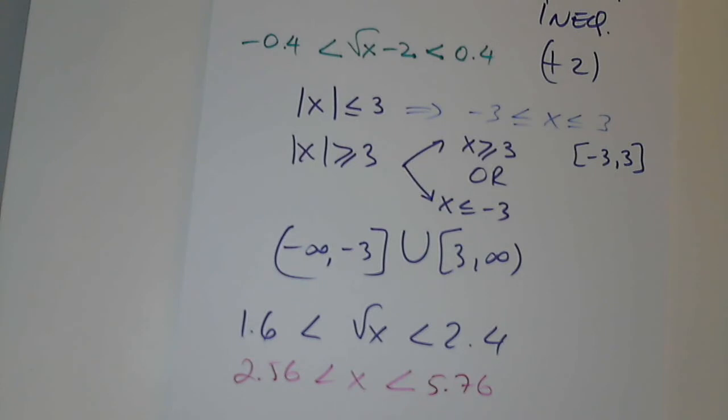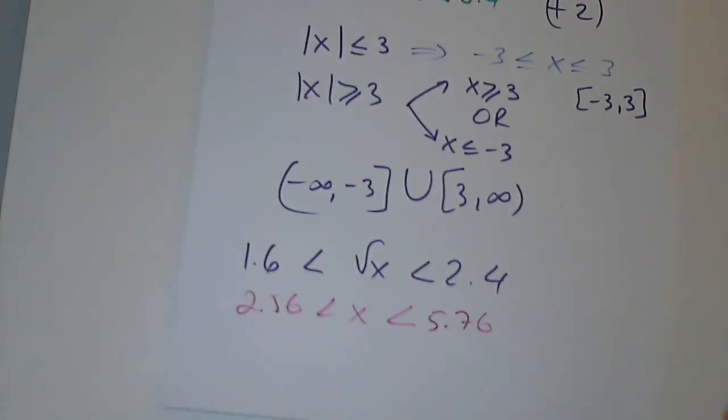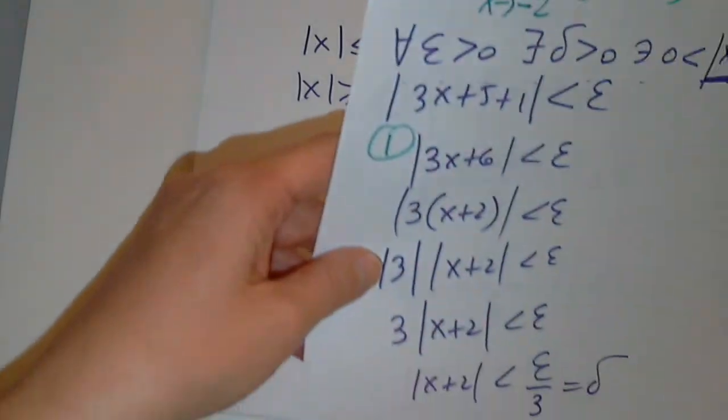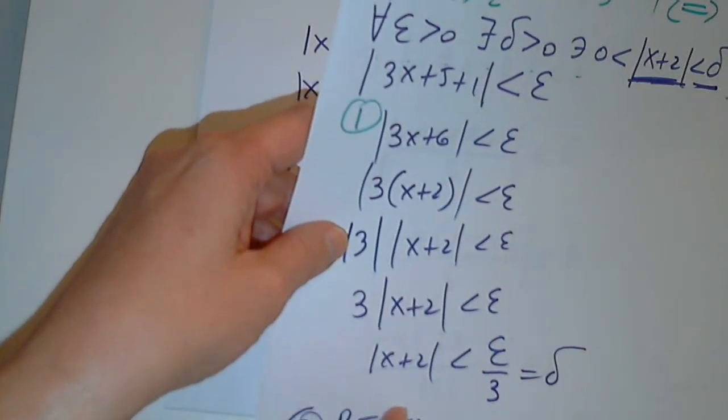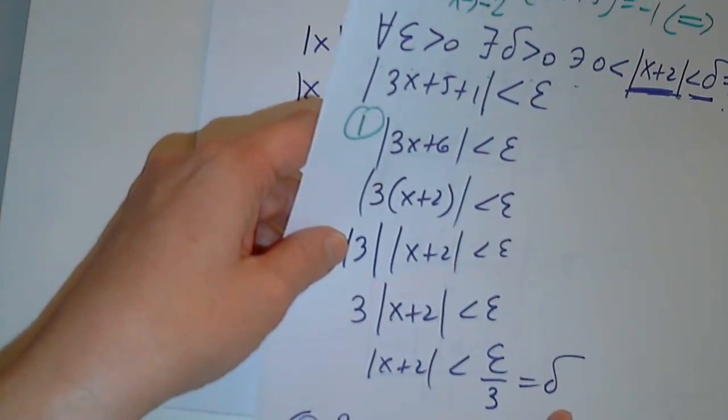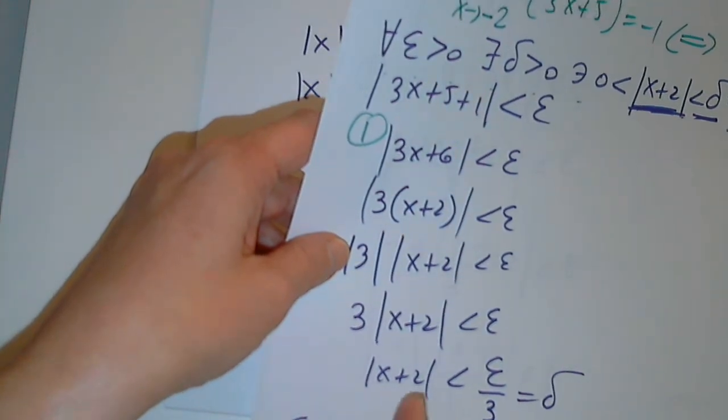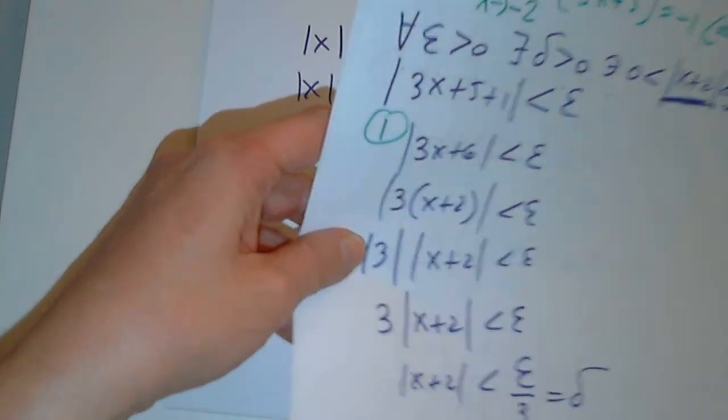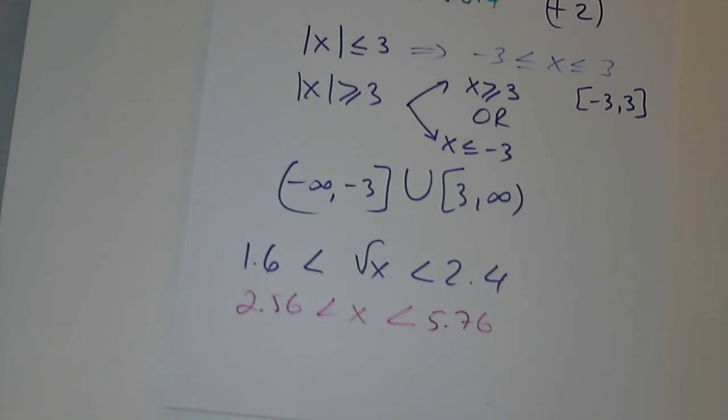Okay. Now remember, don't forget, I have to have the absolute value on this side in order to identify delta. If I don't have the absolute value on this side, I can't predict delta. So these are our options.